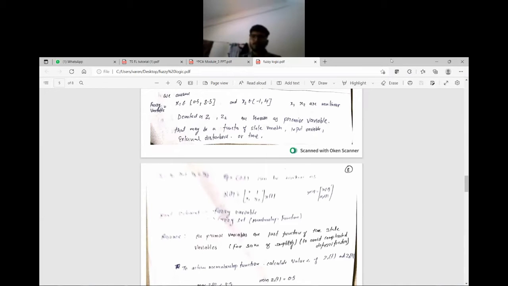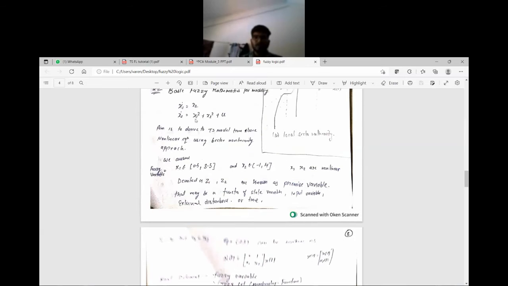When z1 is equal to x1 and z2 is equal to x2, we can write x dot of t is equal to [0, 1; x1, x2] times x(t). This is the nonlinear model. We linearize it and put it in x dot of t.